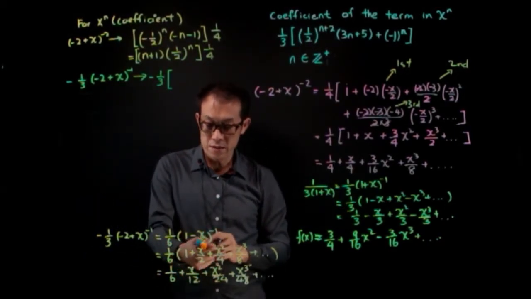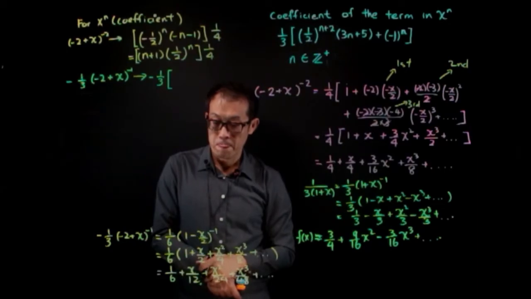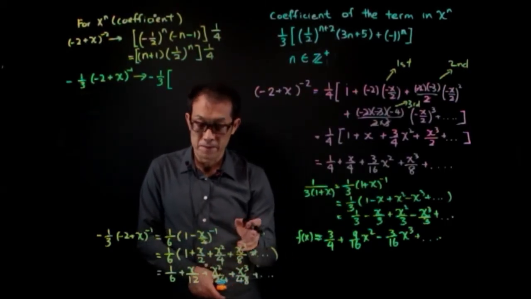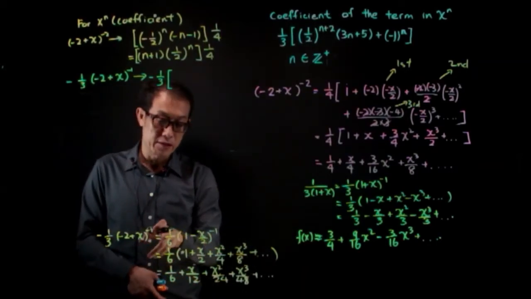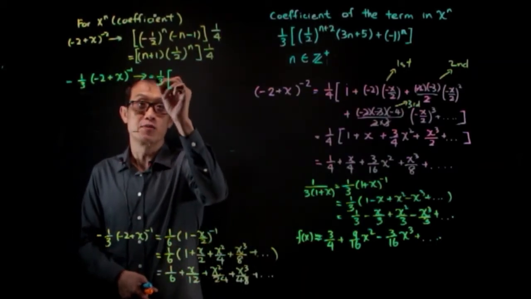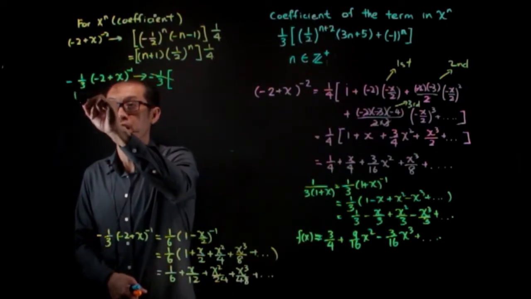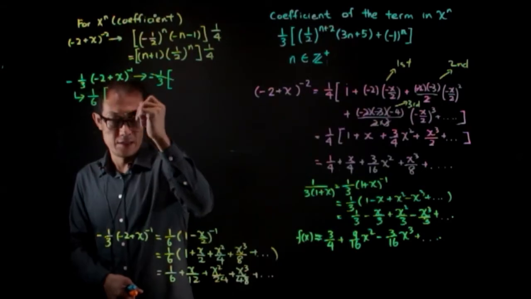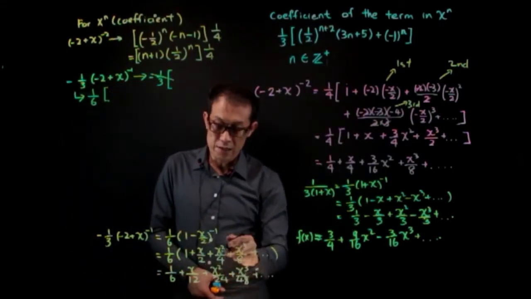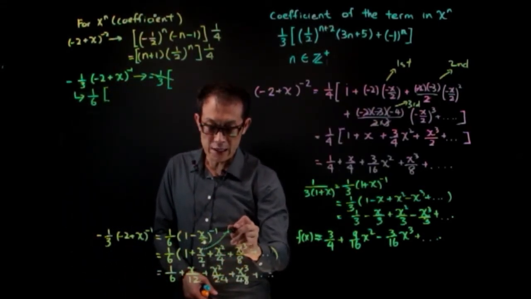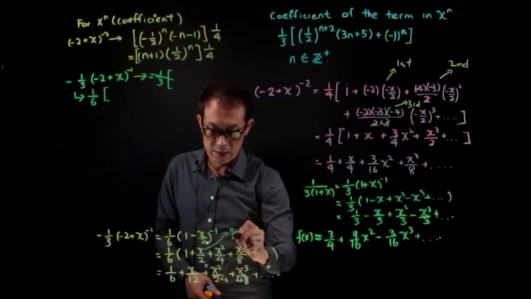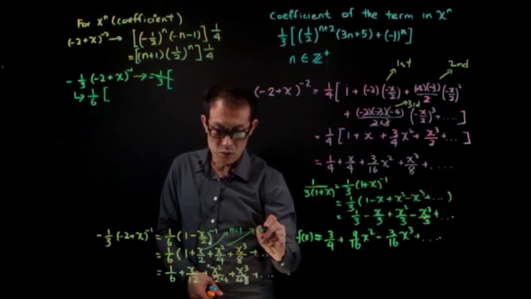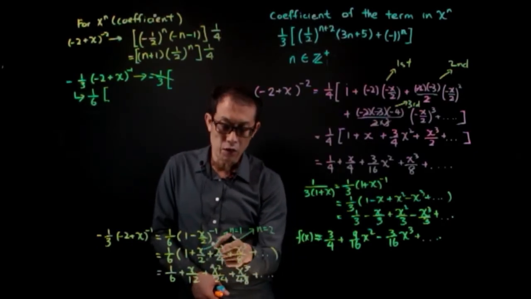Now you look at this. I don't think I need to do a minus because it starts off with 1/6. So maybe I just cancel this and rewrite it over here. It's 1/6. Now, this is when n is 1. This is when n is 2. You realize they are all positive.